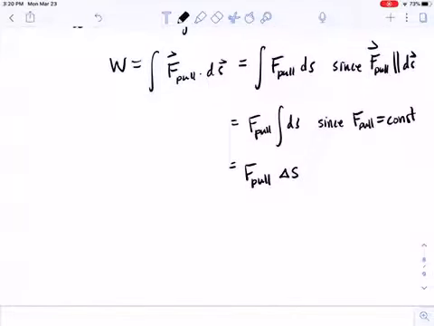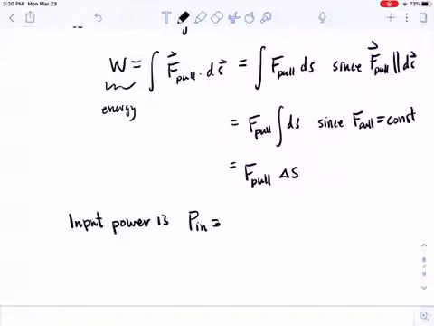So remember, work is an energy. And what we could do is calculate a power, by the change in energy in a given amount of time, delta T. So the input power, let's say P in, is equal to the work that we get per unit time delta T. And so that's going to be F pull times the displacement of the bar divided by the time interval.